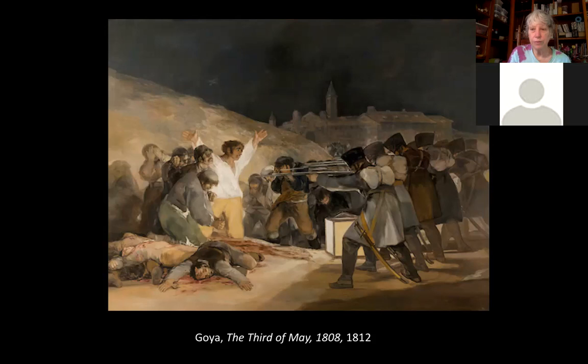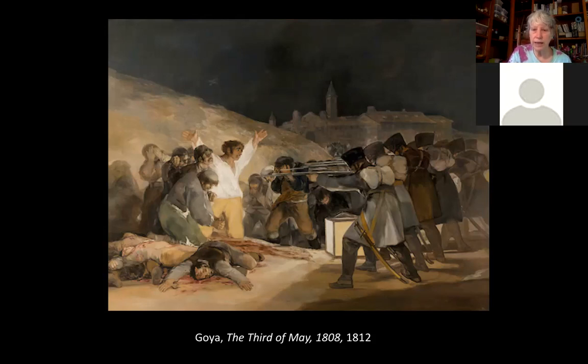And on the 3rd of May, in the city of Madrid, the capital of Spain, a lot of these Spanish civilians were just rounded up and executed, or murdered, really, by French soldiers.